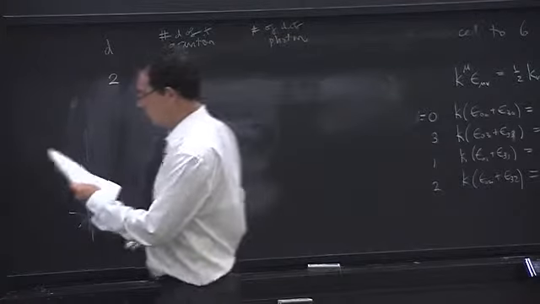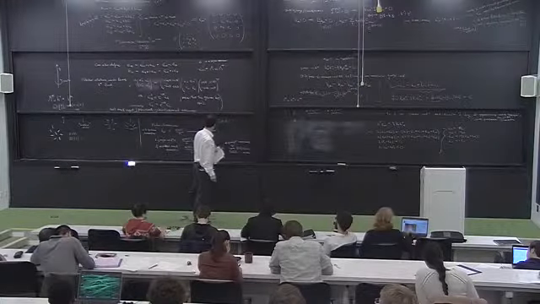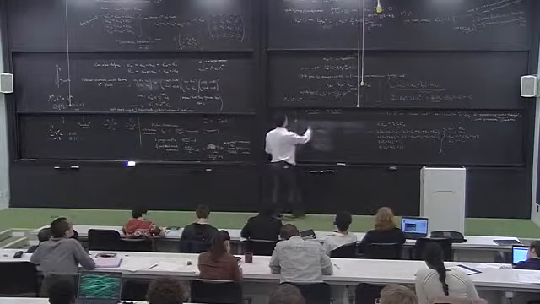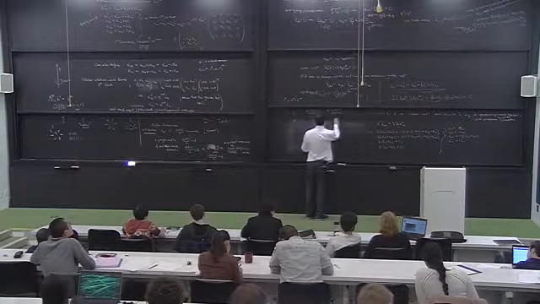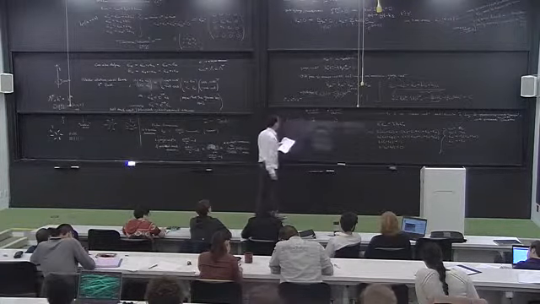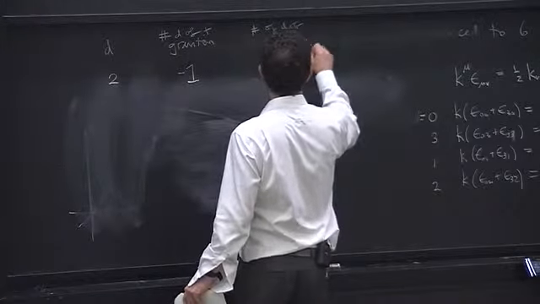Okay, so D equals 2. This expression here is minus 1. So there's certainly no degrees of freedom in a graviton. In a photon, there are 0. The number of degrees of freedom of a photon is just D minus 2.